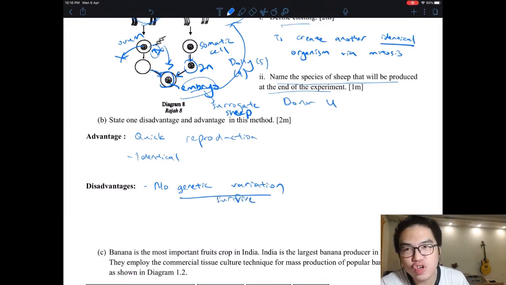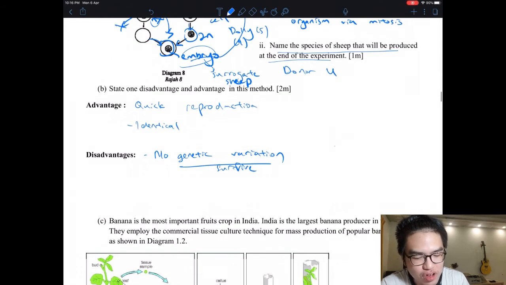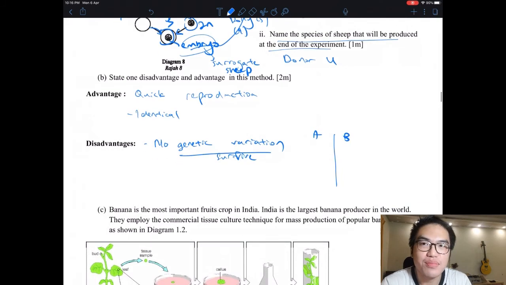How so? Imagine now I have 2 types of birds, A and B. Now there's a disease. This disease kills A. A is very vulnerable to disease. Somehow B is immune.